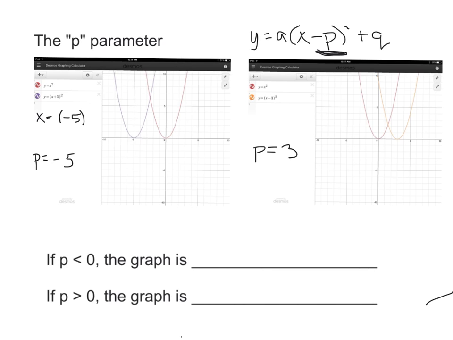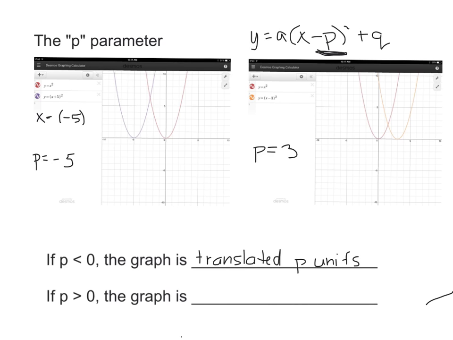I want you to remember that when we go to answer these questions. This one where p was -5, what happened to the graph? It was translated to the left. And here, when p was equal to 3, it was translated 3 units to the right. So if p is less than 0, the graph is translated p units to the left.